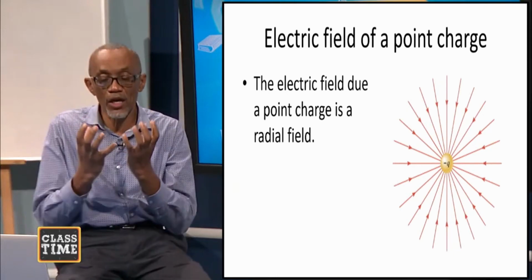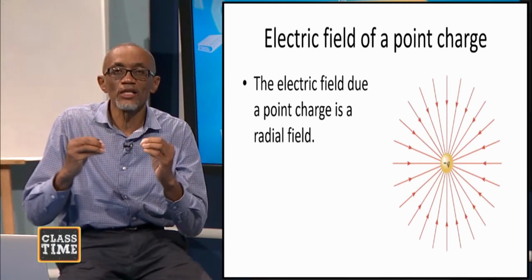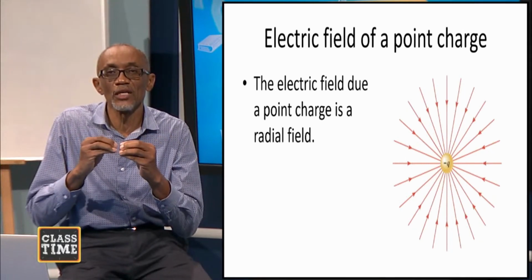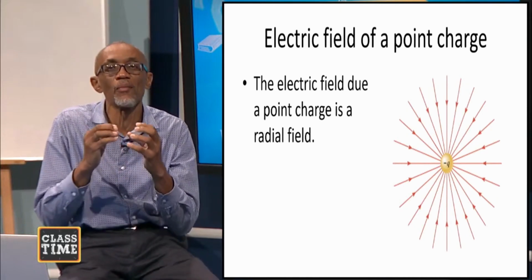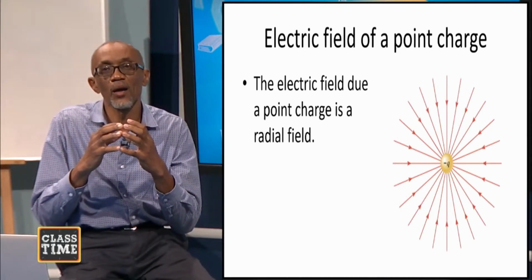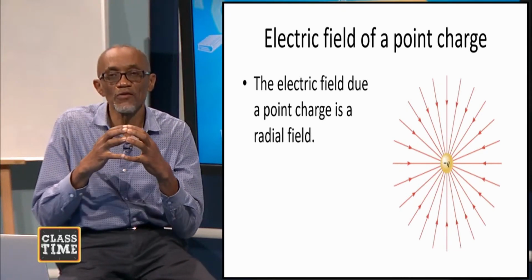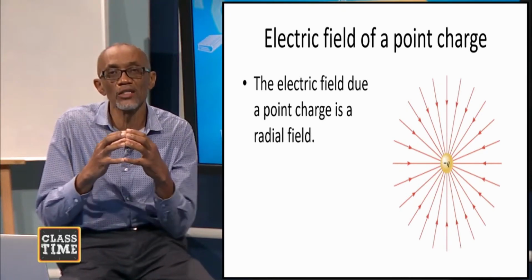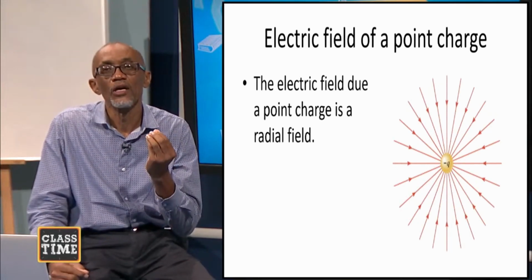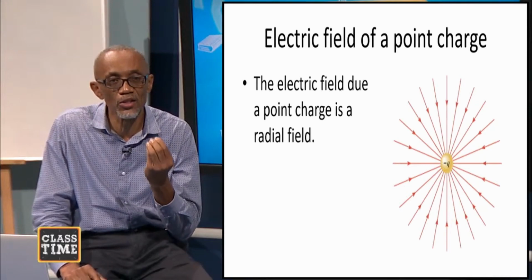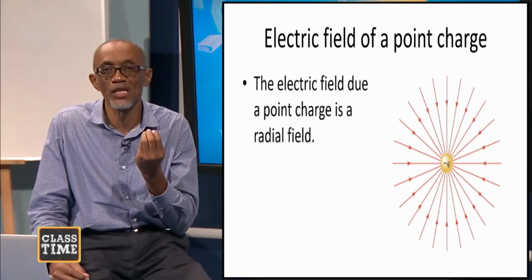Just as we said that the center of mass is an imagined position at which all the mass of an object appears to be concentrated, in the same way, when we have a spherical object, all the charge is imagined to be concentrated at the center of that sphere. And we can consider it to be a point charge, a charge without any dimensions.